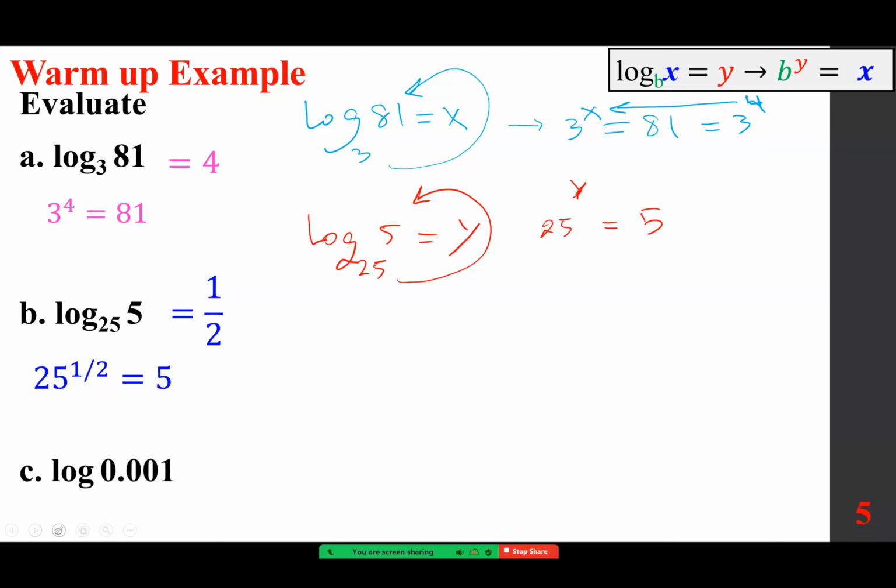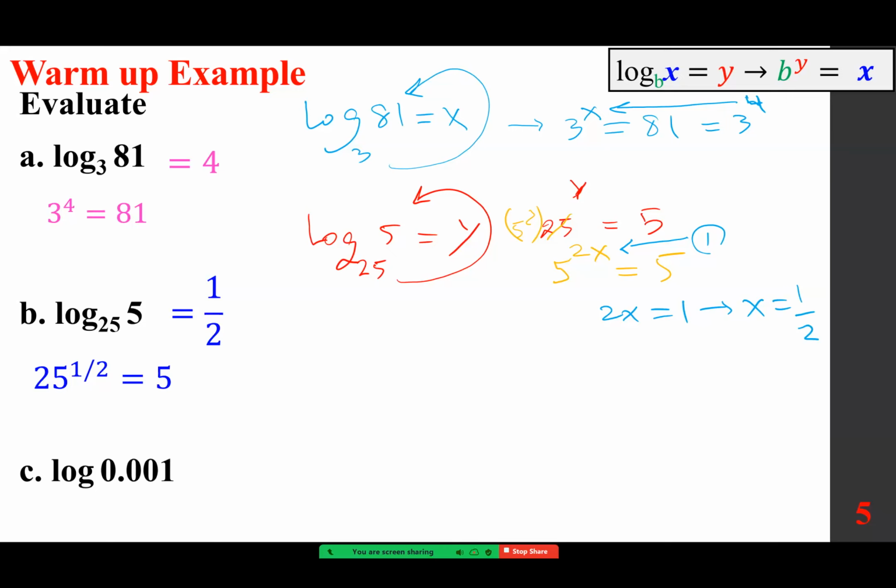We know 25 can be replaced by 5 squared. So 5 to the power of 2y is equal to 5. And the 5 with no exponent means the exponent is 1. 2y must be 1 and y equals 1/2. So you could prove it this way and you're done.